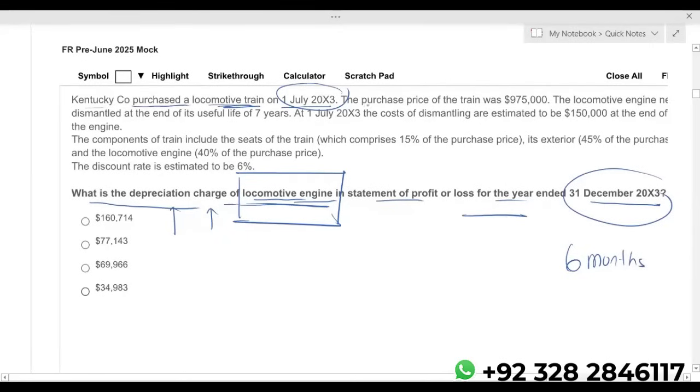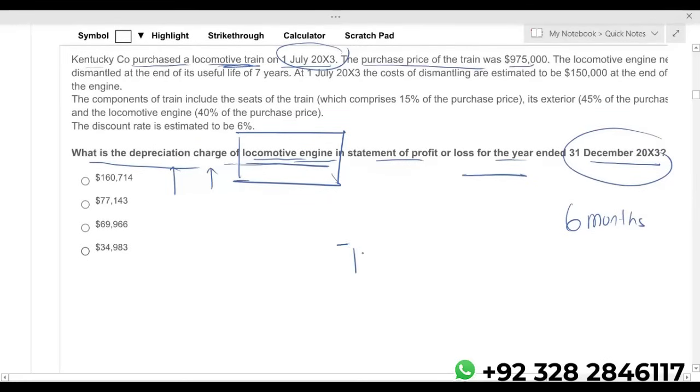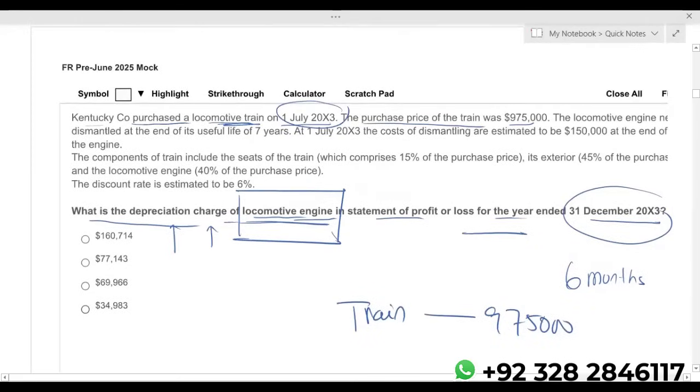The purchase price of the train is 9,75,000. Students, that is the purchase price of the train. The locomotive engine needs to be dismantled at the end of its useful life of 7 years. Useful life is 7 years.